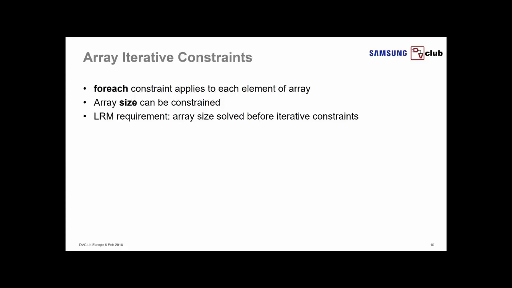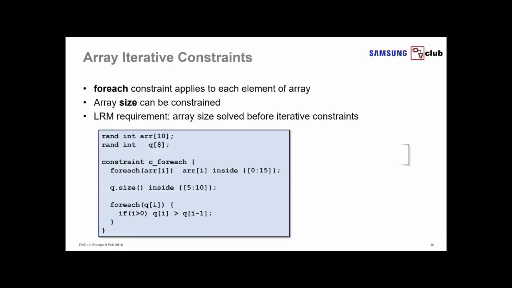But if you do that, according to the language reference manual, the array size will have to be solved before any of the iterative constraints for the individual elements. Here's an example of what that might look like. Here I'm using a foreach loop to constrain each element of the array to be between 0 and 15.